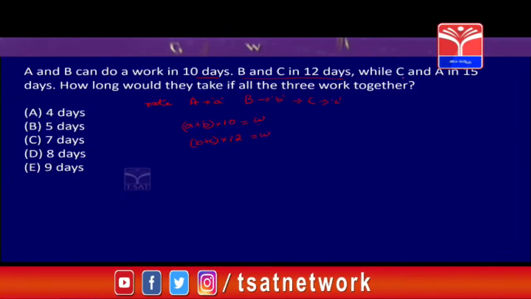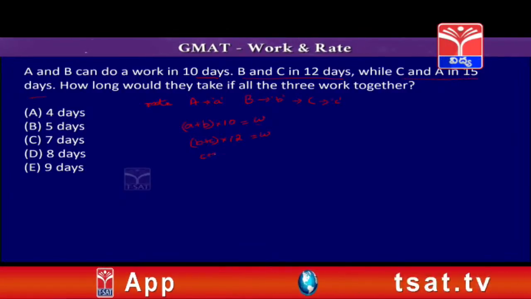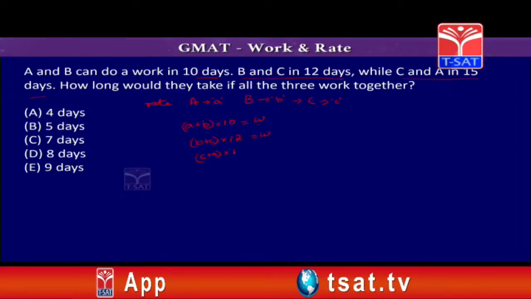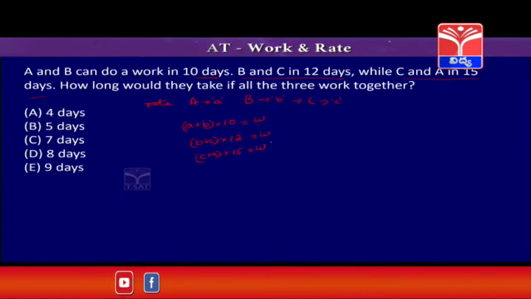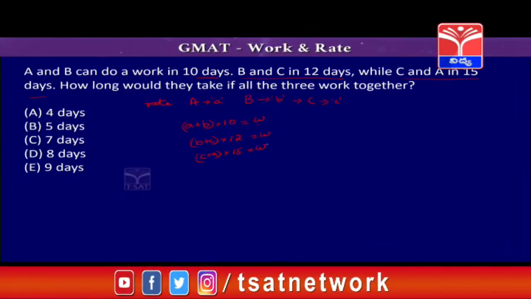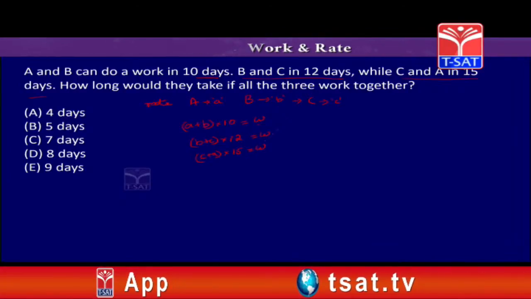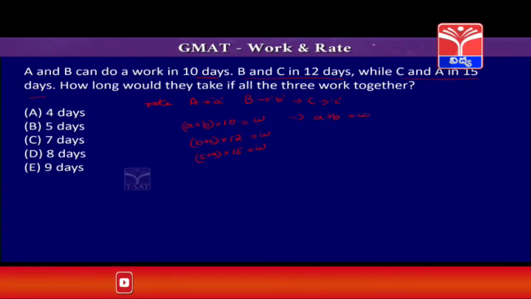And C and A in 15 days: c plus a, again the rate gets added, into time 15 is equal to the work done, that is W. How long would they take if all three work together? They are asking how long it will take if all three, a plus b plus c, work together. Here we can write this as a plus b is equal to W by 10.